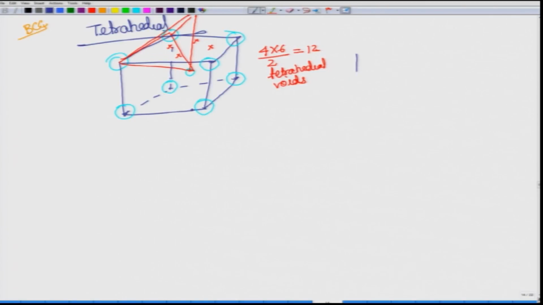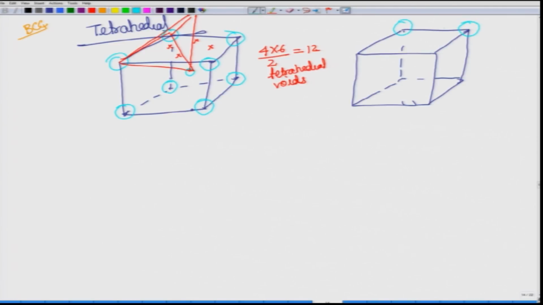So, again I will have to draw. So, these atoms are also connected with the atom on the body center of the unit cell on the top.